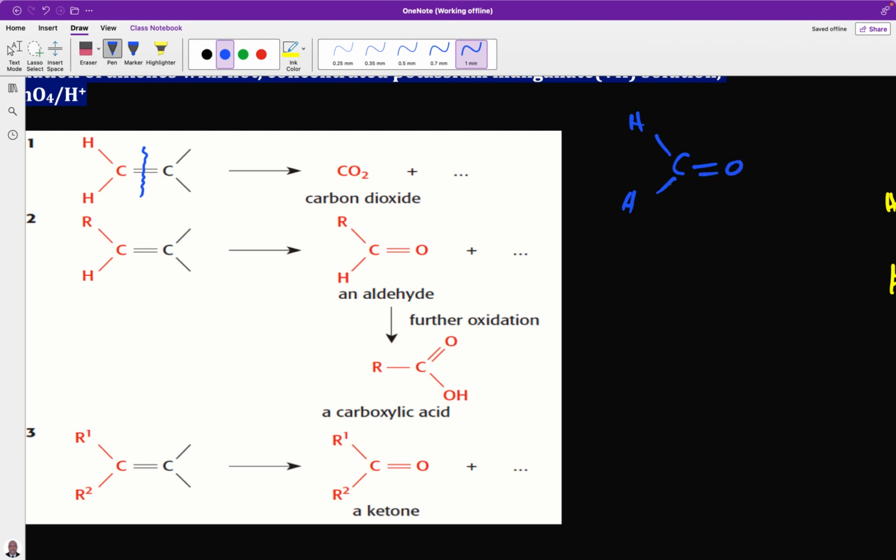And we said this will undergo further oxidation again, and we will have this again.